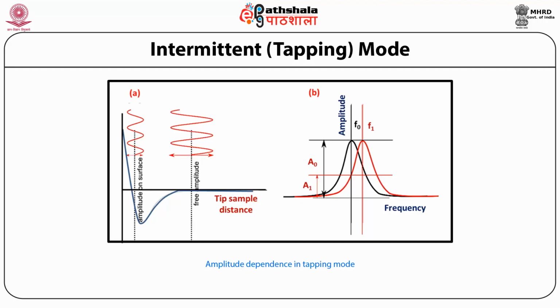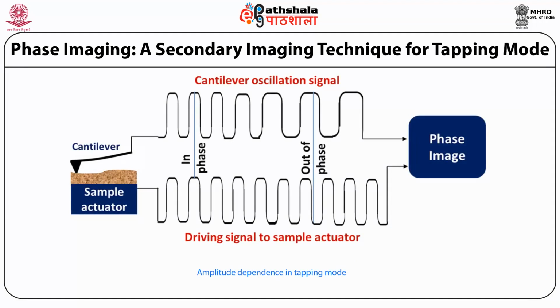The disadvantages of the tapping mode are that it is difficult to produce images in liquid medium, and it has a slower scan speed. Phase imaging, a secondary imaging technique for tapping mode.